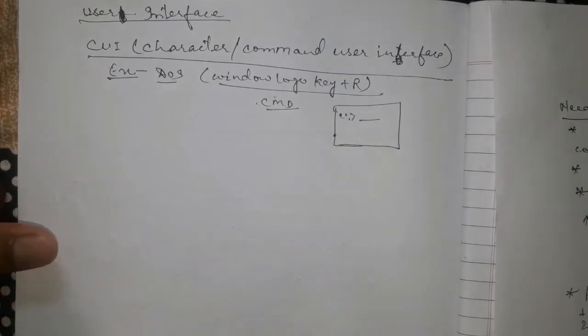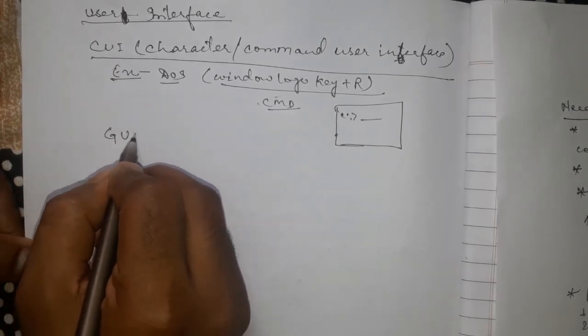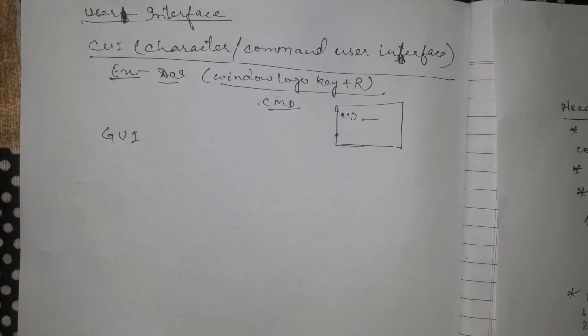This is the example of CUI, command user interface, and the next one is GUI, that is graphical user interface.